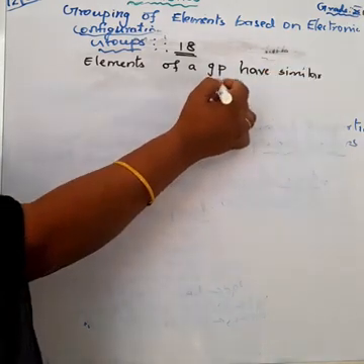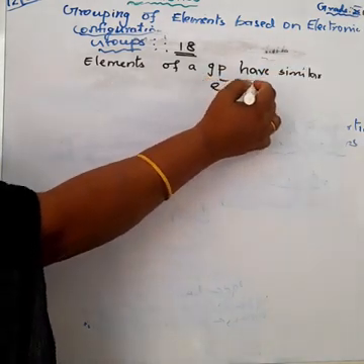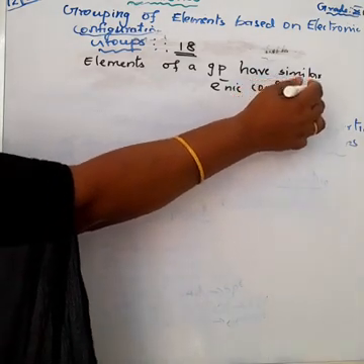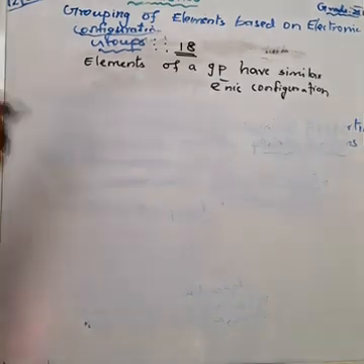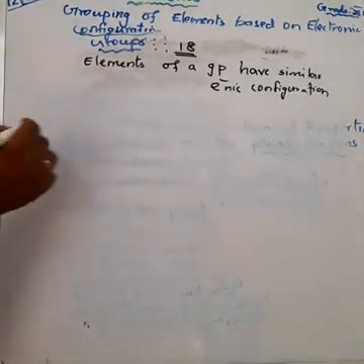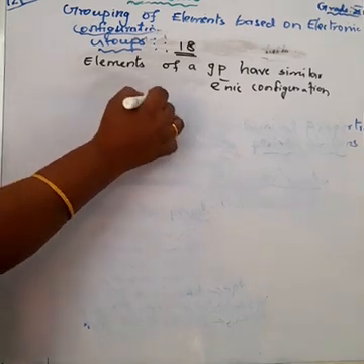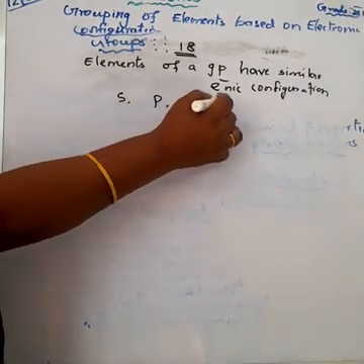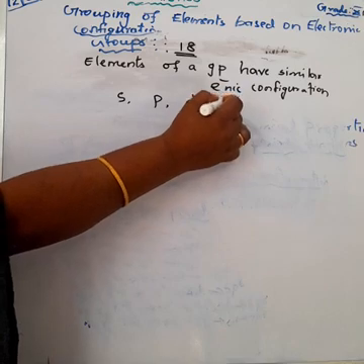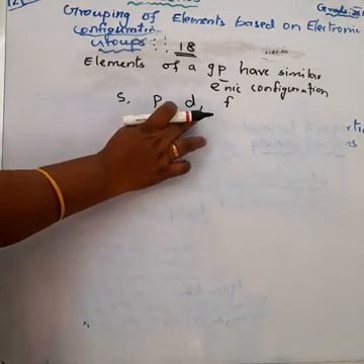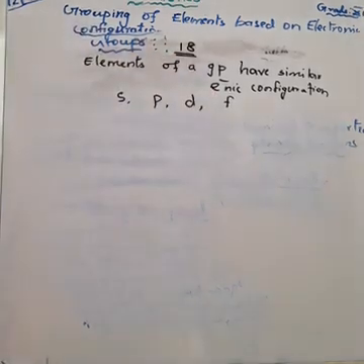How many blocks are there? The modern periodic table is divided into four blocks. What are the four blocks? S block, P block, D block and F block elements.